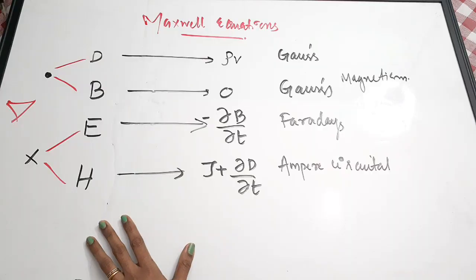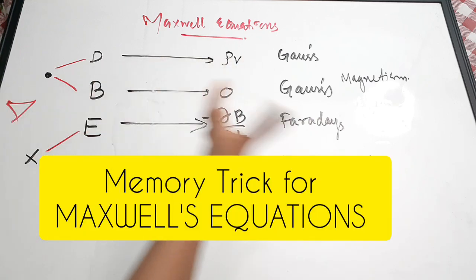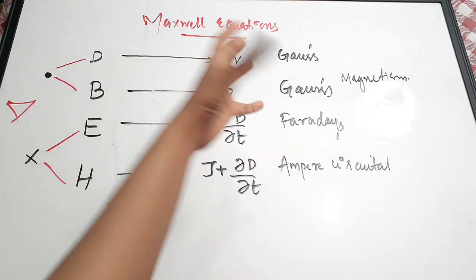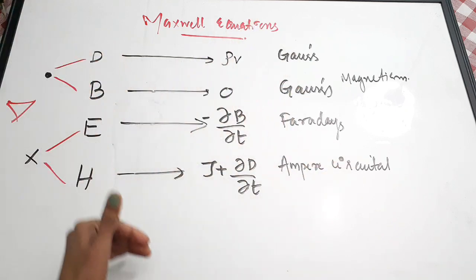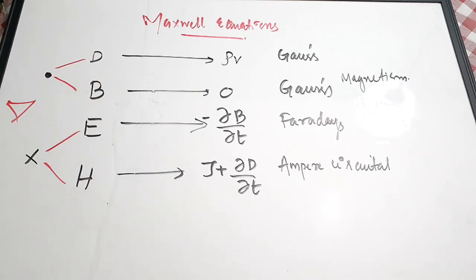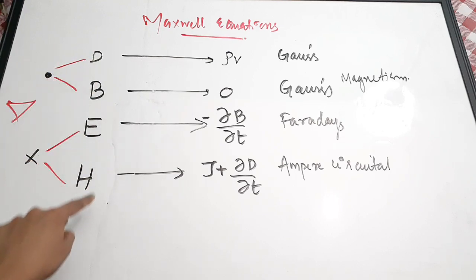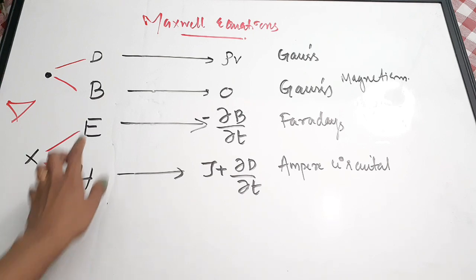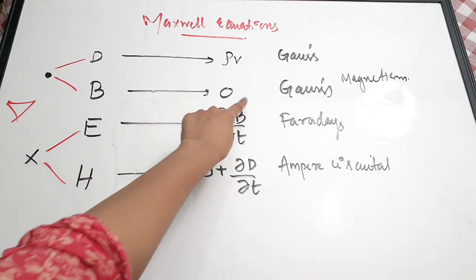Next we are going to see a tip to remember these Maxwell's equations. I have written these four equations in an equation format, in order 1, 2, 3, 4. You have to write a del here, with a dot and a cross in between, and the variables D, B, E and H. Corresponding to D, you write rho V. Corresponding to B, you write 0.